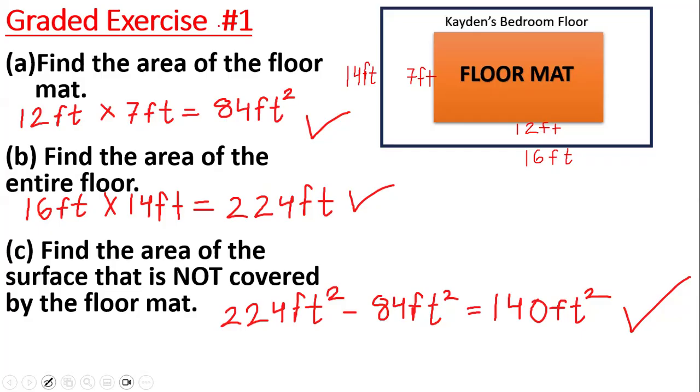Length times width, 6 times 3, 18 feet squared. Very good. And number 3? 4 times 8, which is 32 yards. 32 yards what? Squared.